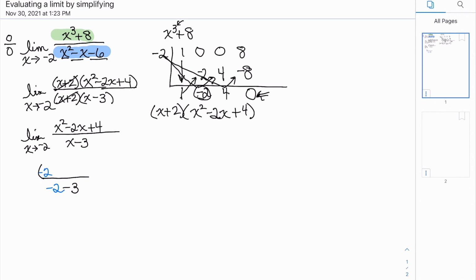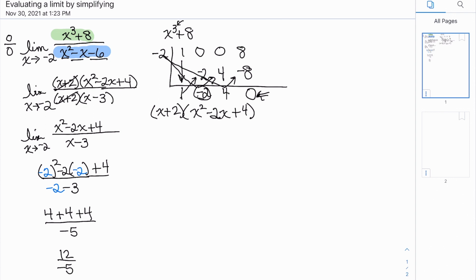So I have that quantity negative 2 squared minus 2 times the negative 2, and then plus the 4. So that gives me 4 plus 4 plus 4 in the numerator over a negative 5 in the denominator. And 4 plus 4 plus 4 gives me 12 in the numerator, and I get negative 5 in the denominator.